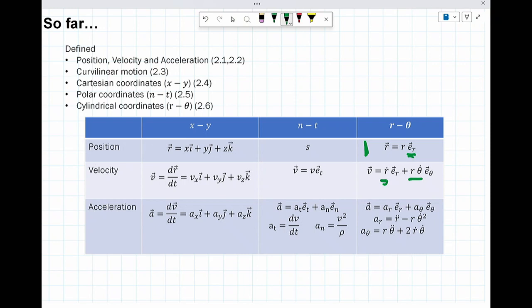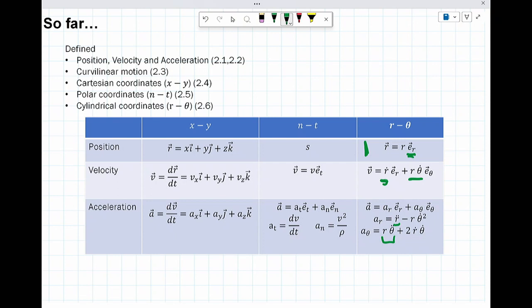So in order to describe velocity in r theta, we need r dot and r theta dot. And more importantly, acceleration in the r direction and in the theta direction also have additional components, again coming out of the derivatives on your unit vectors.